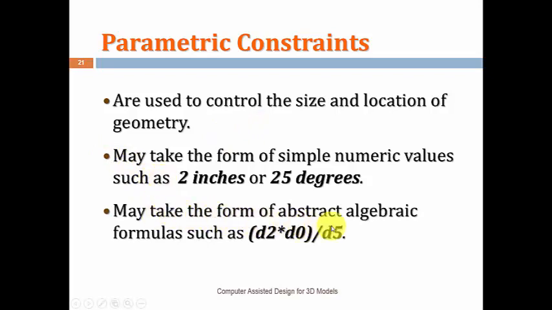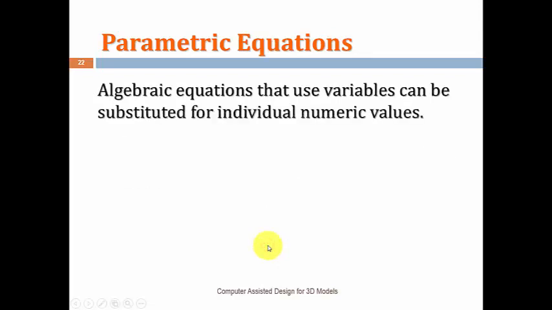Also may take the form of abstract algebraic formula, such as d2 times d0 divided by d5. Okay, we can create a relationship between the dimensions of our model. Parametric equations, okay, like I said, we can relate.